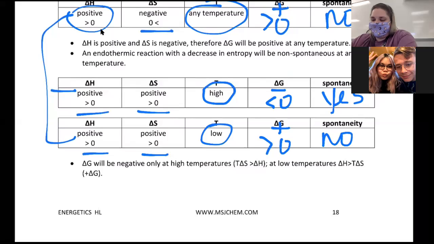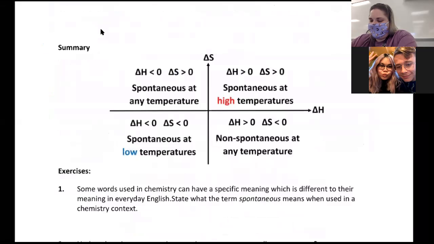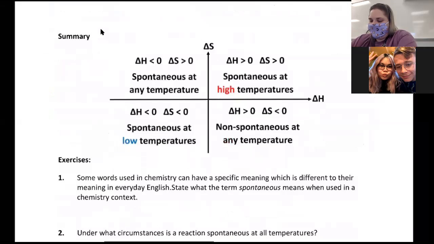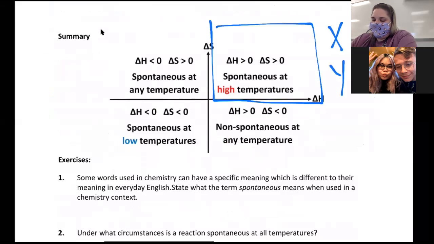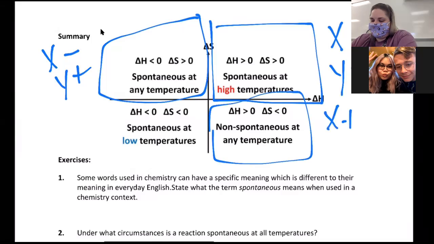So this can all be summarized on this little grid, this little chart on the next page. Think of this like in math where you have your X and Y axis. In this quadrant over here, your X value is positive and your Y value is positive. Over here, X is negative, but Y is still positive. Down here, X is positive, but Y is negative. And in this last one over here, they're both negative.